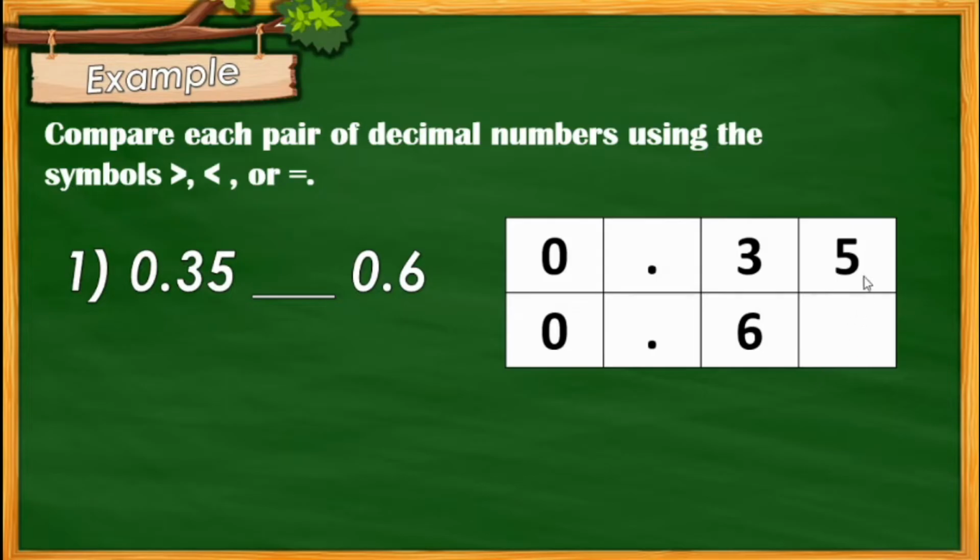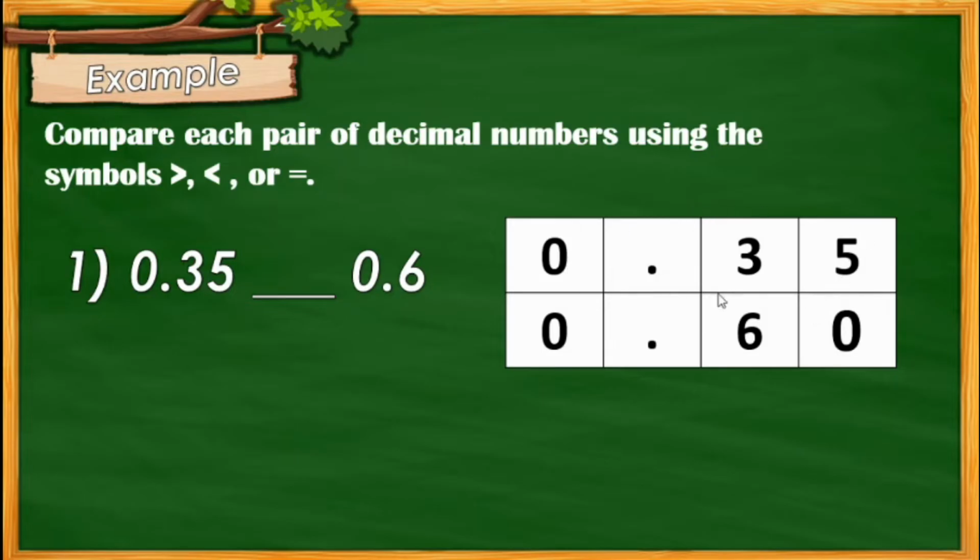First, we're going to make the two decimals the same place value. Okay, so we're going to add 0 to 6 tenths, so it becomes 60 hundredths. So which is greater now?